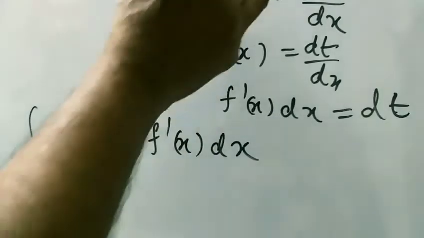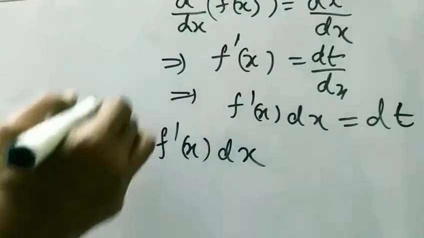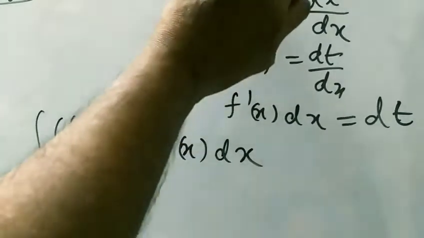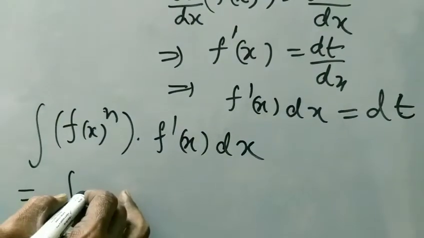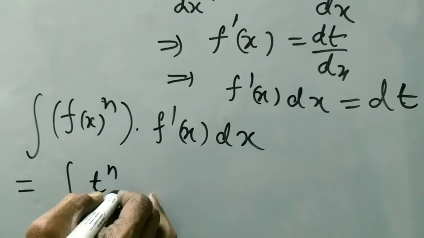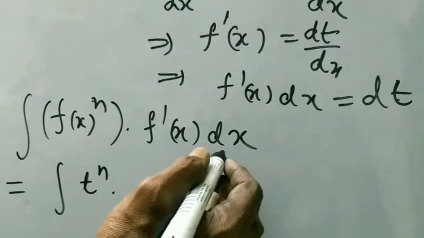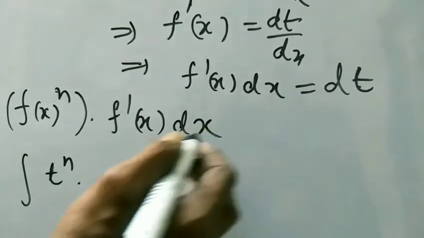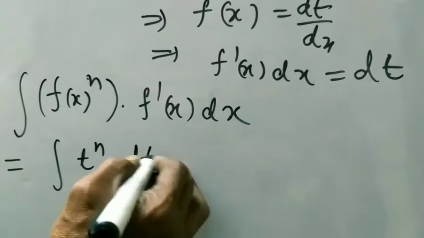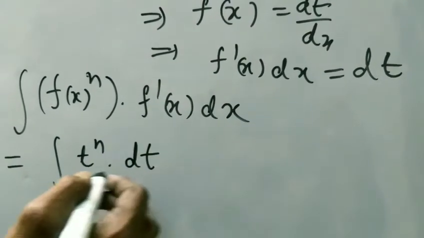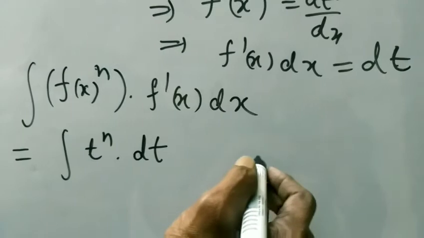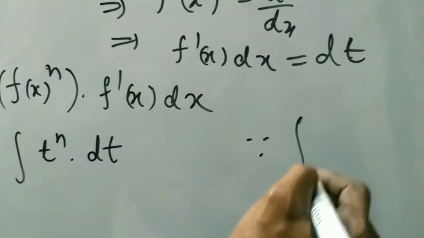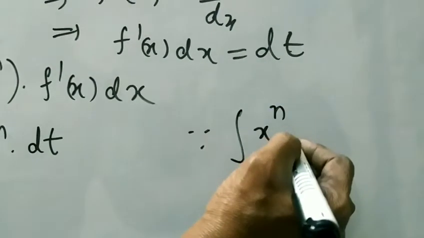That means here f of x is equal to t. In place of f of x we have to substitute t. So it becomes t to the power of n into f dash of x dx is equal to dt. So it becomes dt.